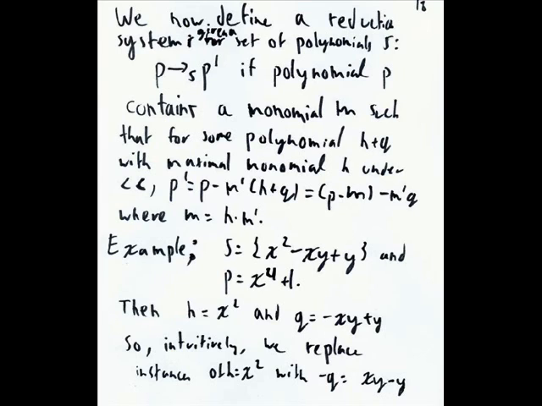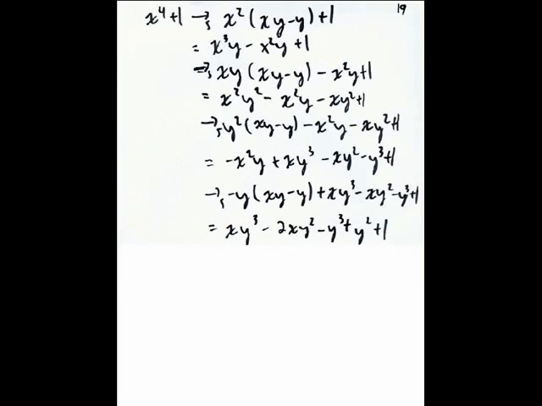And Harrison goes on to explain why this technical definition reflects this intuition. The example he gives is that starting with the polynomial x^4 plus 1, we can do a one-step reduction and take x squared of x^4 and replace it with xy minus y. Then we distribute the x squared, and do another one-step reduction and replace the x squared with xy minus y. Once again, we distribute.